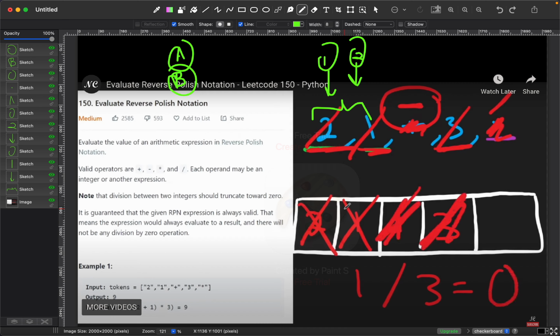So therefore, for this very case, 2 minus 1, you have a 1 over here, right? So you go on to the next.